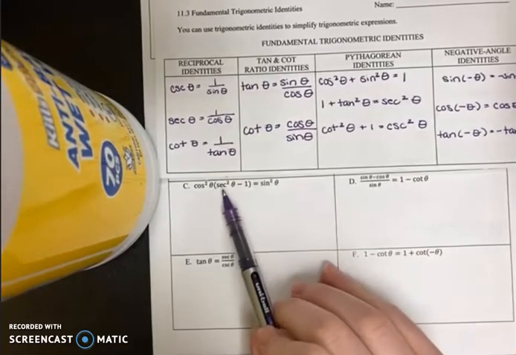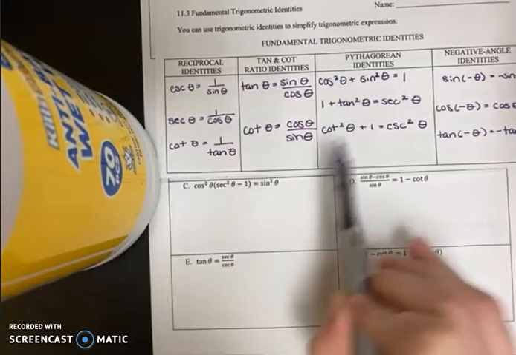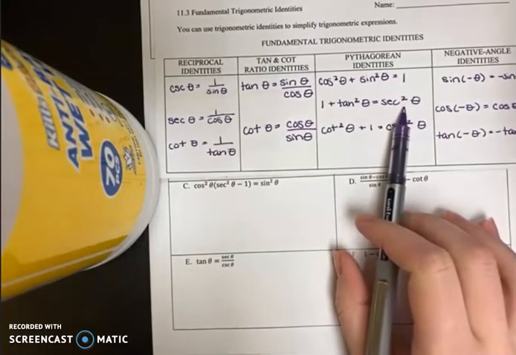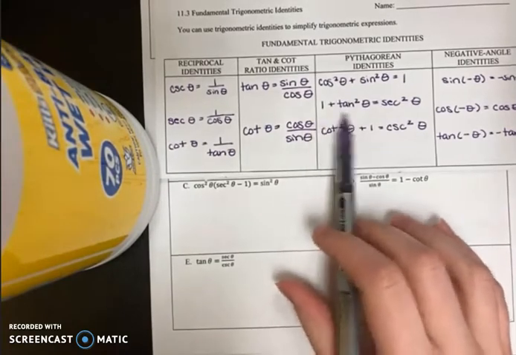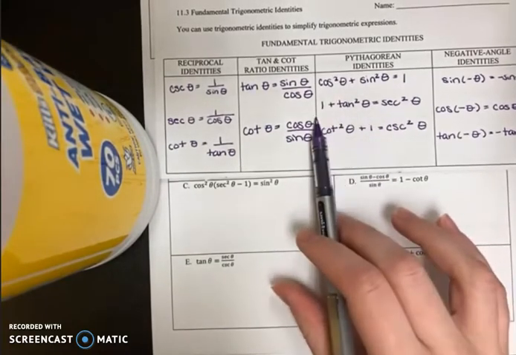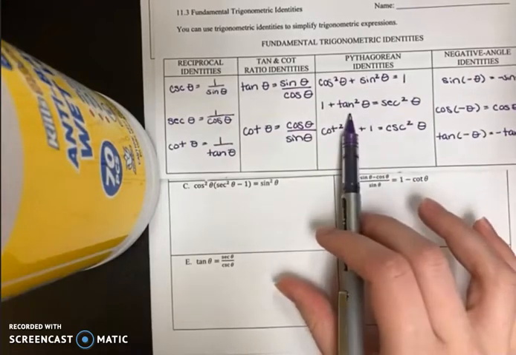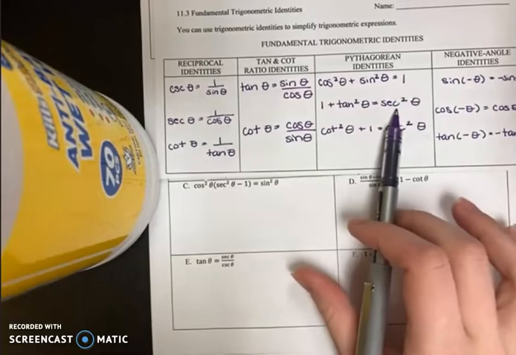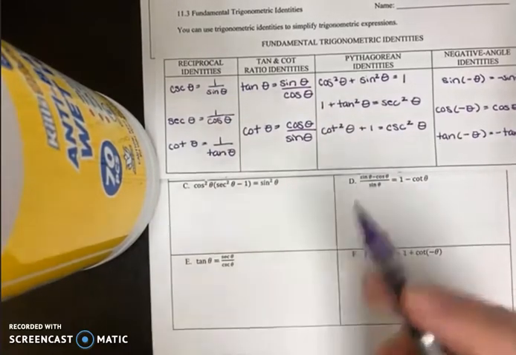For example, I have secant squared theta minus 1. So here's secant squared theta, and here's the 1 over here. If I want to make this look like secant squared theta minus 1, I'd subtract 1 from each side and be left with tangent squared theta.